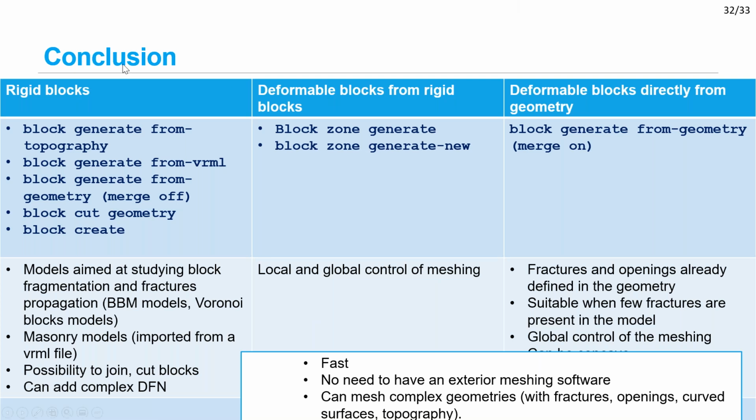With this option, once we have generated rigid blocks, we can add complex DFN and add openings and more complexity to the model, and then mesh it at the end with precise control of the meshing sizes and in locations that interest us.